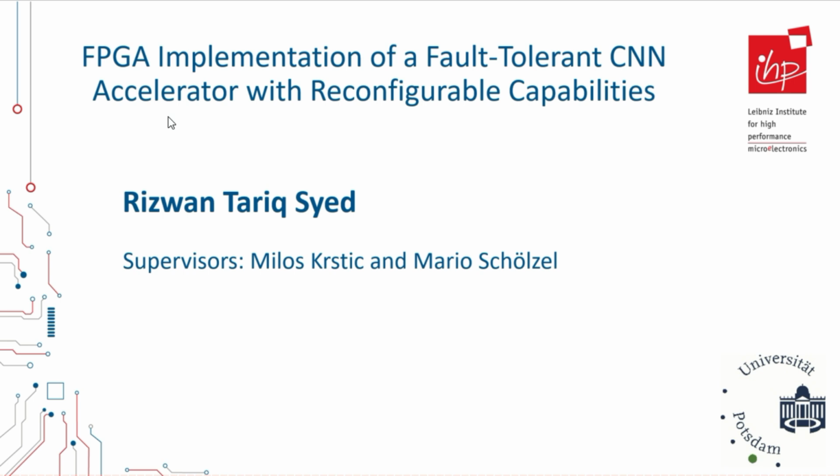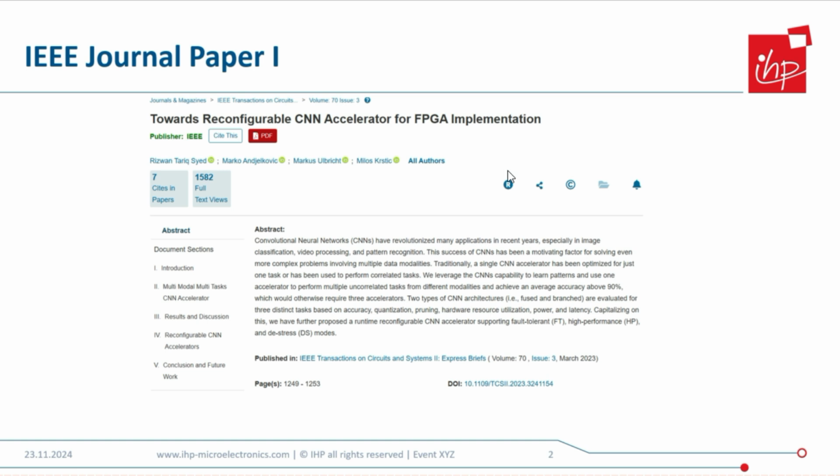In this video, we are going to be discussing another paper, which is a fault-tolerant CNN accelerator with reconfigurable capabilities. So last time we discussed the shared layers methodology, and it was this paper, towards reconfigurable CNN accelerator for FPGA implementation.